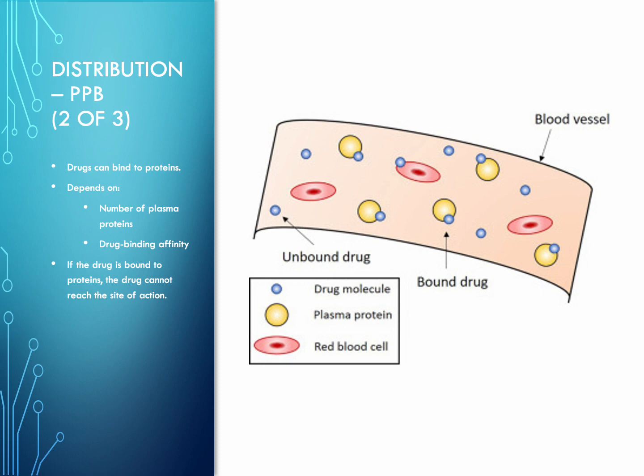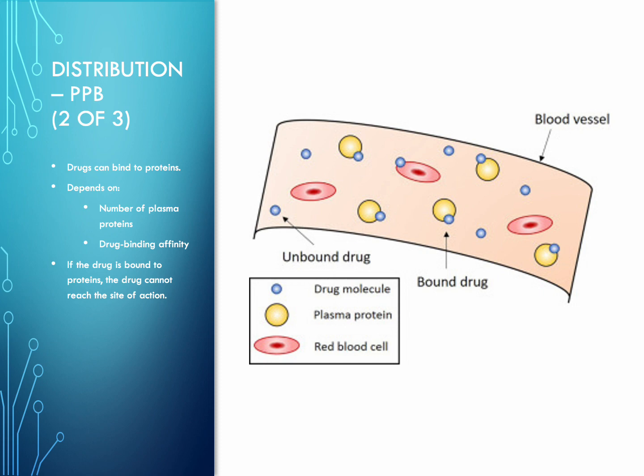So what happens? We have these plasma proteins floating around in the blood, and we have a drug that has a high affinity for binding to these proteins. So the molecules of the drug are going to bind to the proteins, but not all of the molecules, let's say the majority of them, right? That means that there are going to be fewer molecules of the drug floating around freely in the plasma.